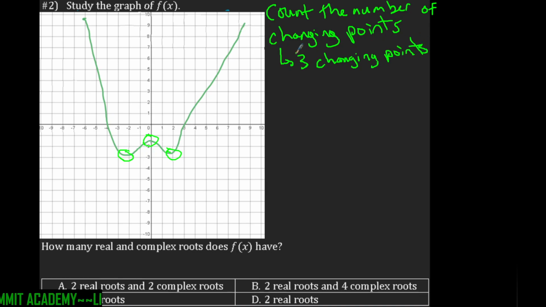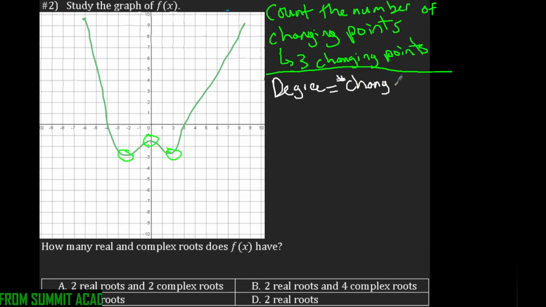Because when we go to find our degree, our degree is going to be equal to the number of changing points plus 1. So 3 plus 1 equals 4.